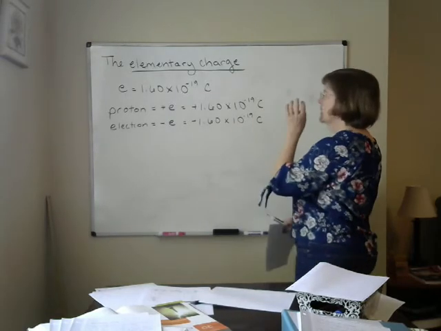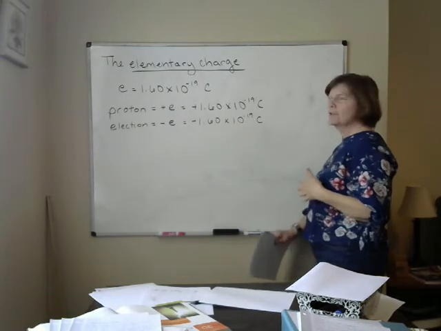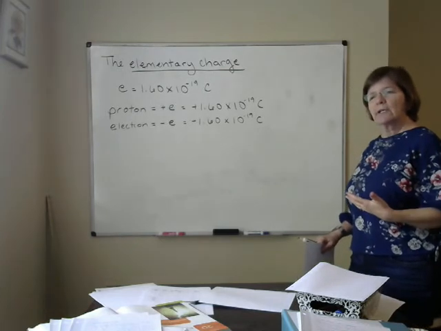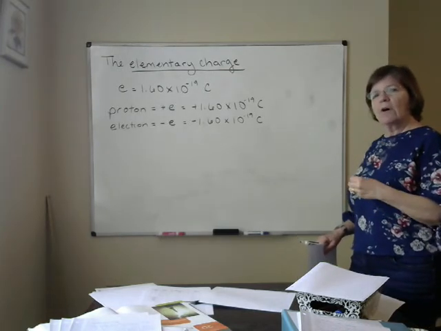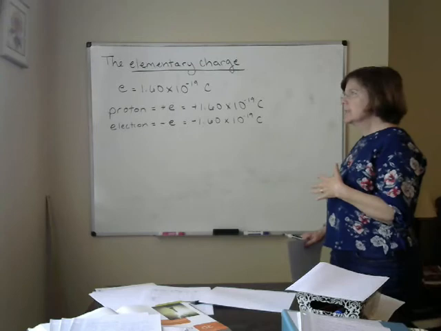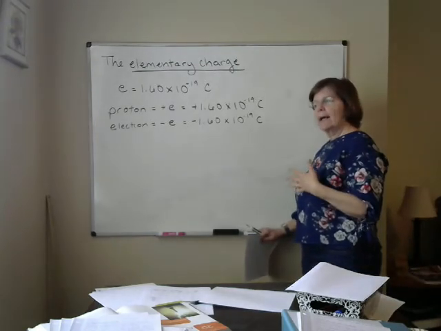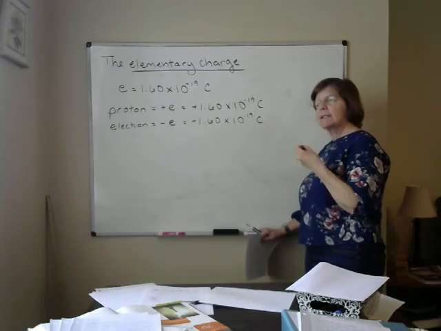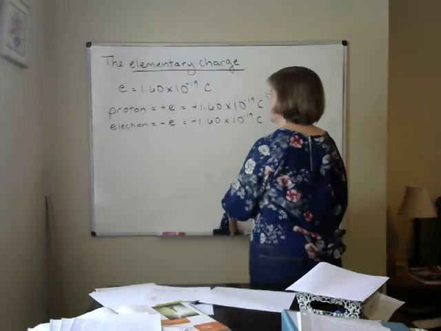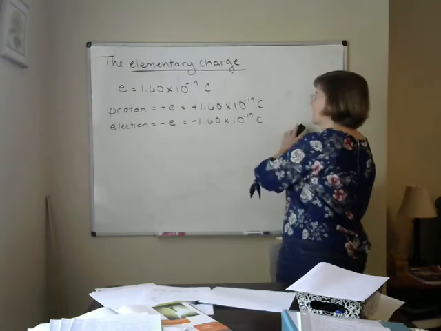I'm not assigning any problems where you actually have to work out Coulomb's law as far as actual values, but I am going to give you some problems where I want you to understand how it behaves, because it behaves exactly the way gravity behaves. So I want to go back and look at Coulomb's law.